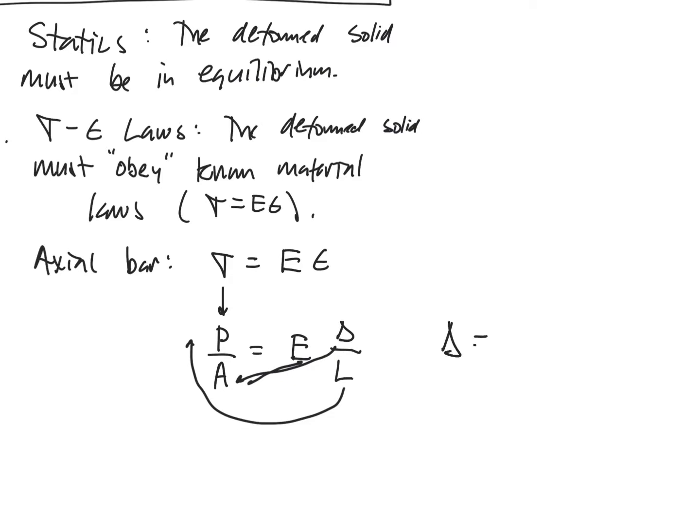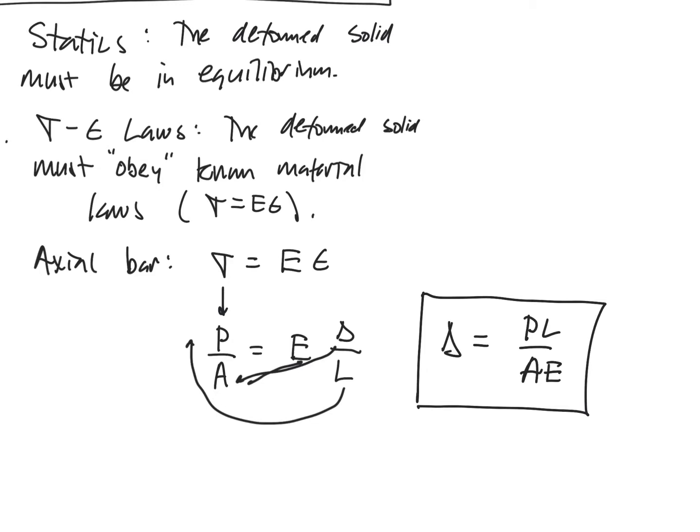So what does that give us? Delta is PL over AE. So the known material law manifests itself as our expression for the axial displacement. This will always be the case in all the problems that we're going to originally consider. So the stress-strain law actually looks like our formula for the axial displacement. So that's kind of cool.